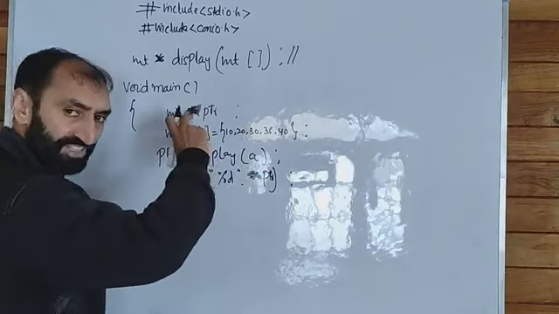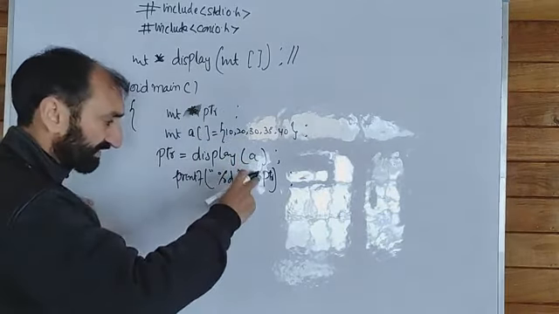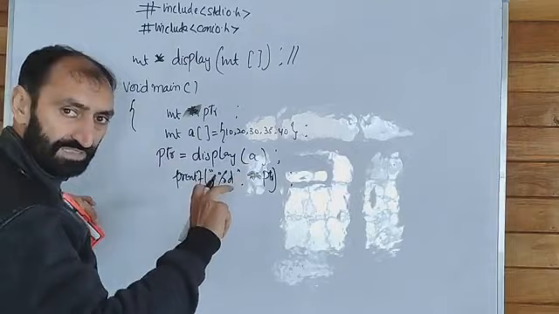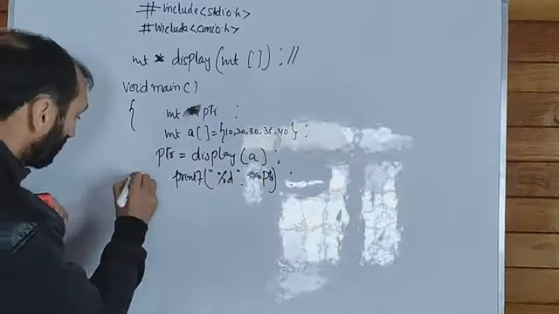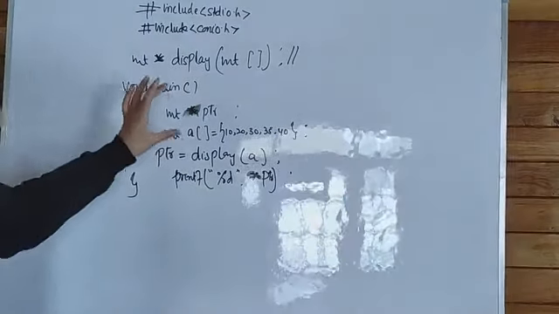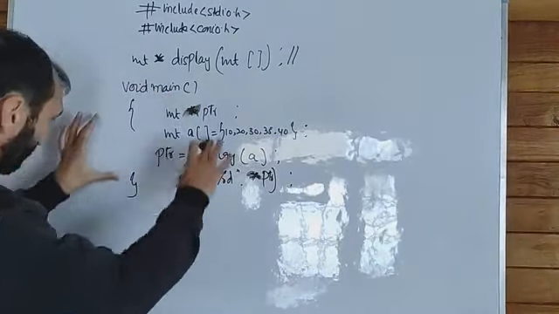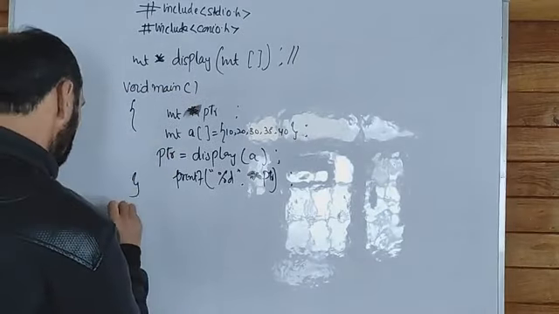Here this asterisk acts as a pointer, but here this asterisk acts as an indirection operator. This means the address operator. This means the value at address. And after the definition of this main function, I am here defining this function.